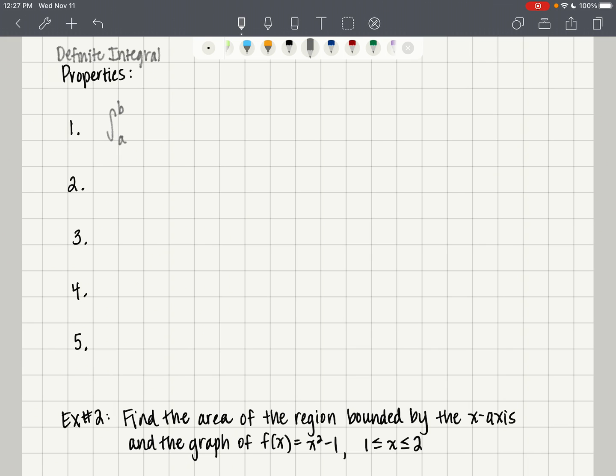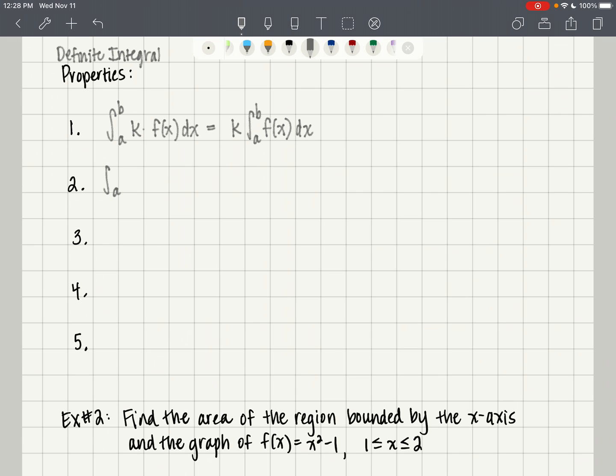So when I have that definite integral of k times f of x dx, we can still take that constant k to the outside, evaluate the definite integral, and then multiply the result by k.